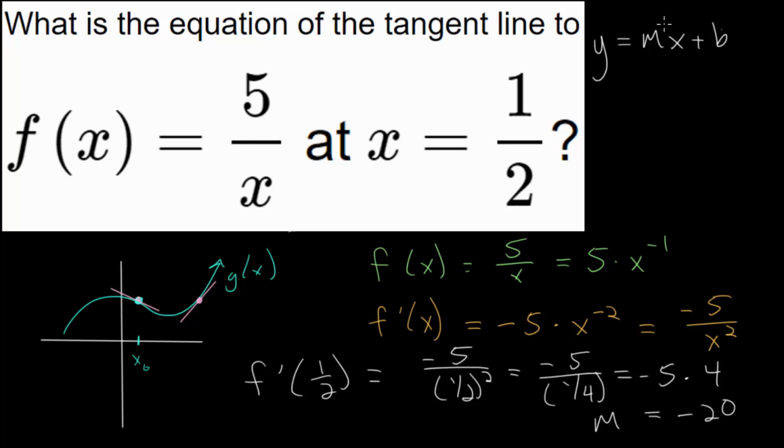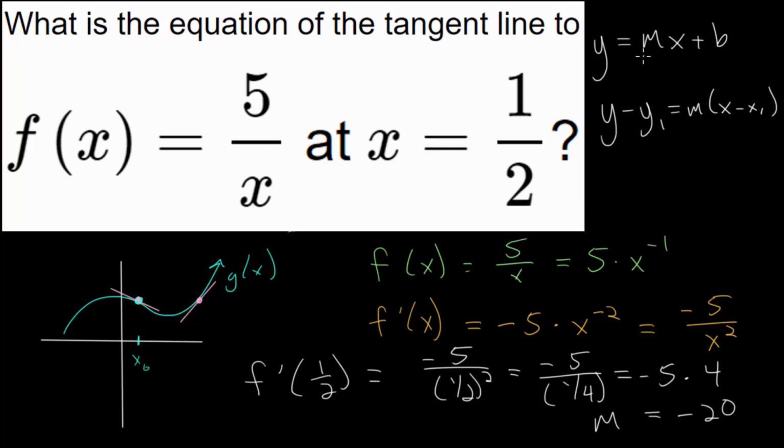And if you want, you could also use point-slope form. y minus y1 is m multiplied by x minus x1, where in point-slope form, we need to figure out what x1 and y1 are. And to do that, we have our x value, and if we just plug that into our original function, we can figure out the y value. So let's do that.